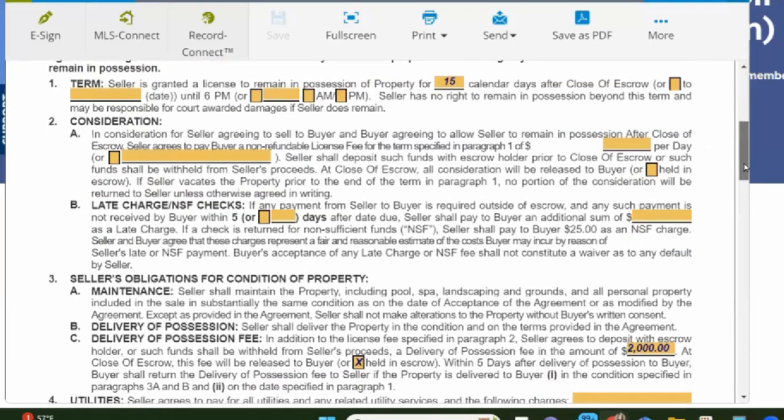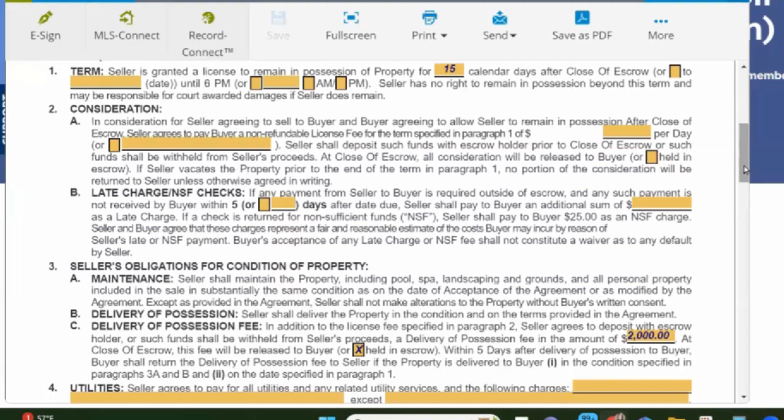All right, so consideration. Are we, as the buyer, going to charge the seller to stay in the house for those 2 weeks or 2 days or whatever it might be? Or are we going to let them do it at no cost? A lot of sellers will request that it's done at no cost. A lot of buyers will agree to let them stay at no cost. Keep in mind that in the meantime, the new owner of the home, the buyer, has mortgage payments that are due, and probably at a higher amount than what the seller has.